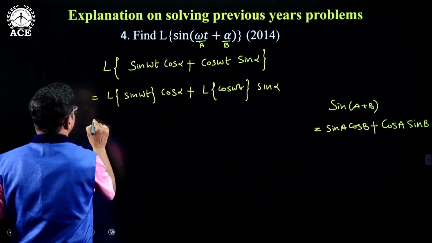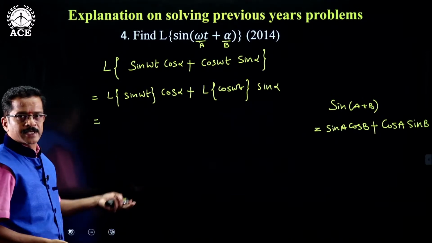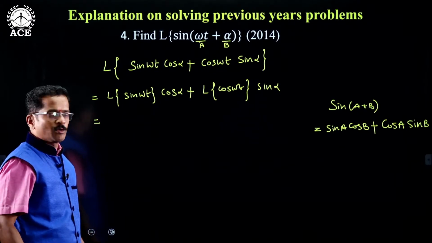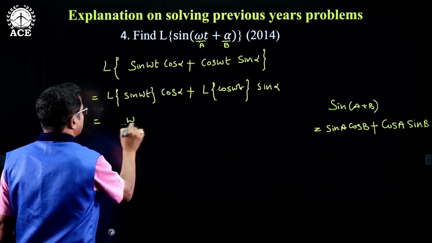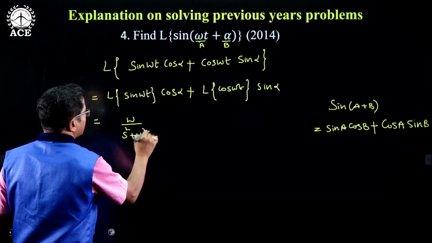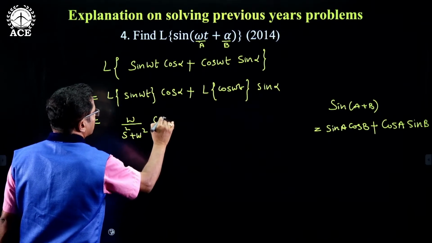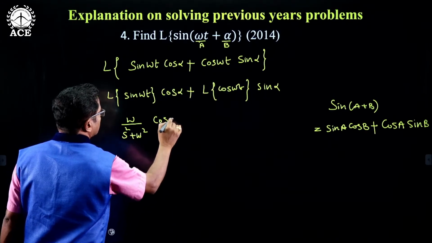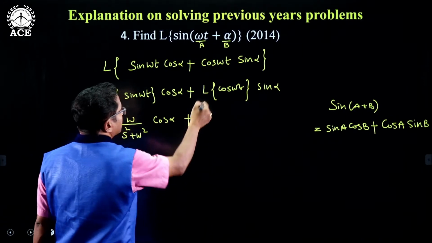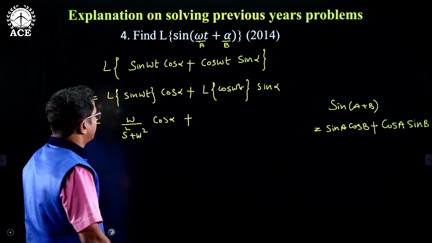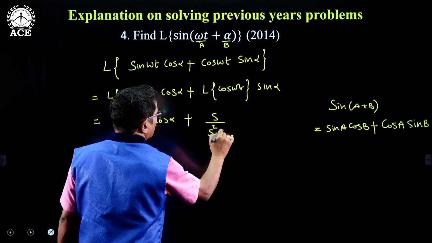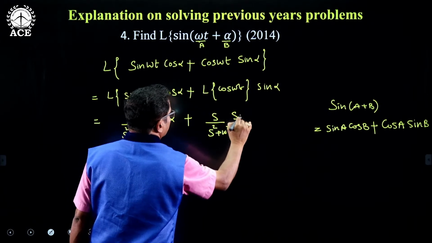So which is equal to, again applying the formula, the Laplace transform of sin ωt, in the place of a we have ω, that is ω by s square plus ω square into cos α, plus L of cos ωt is s by s square plus ω square into sin α.